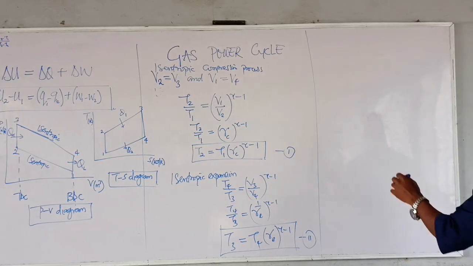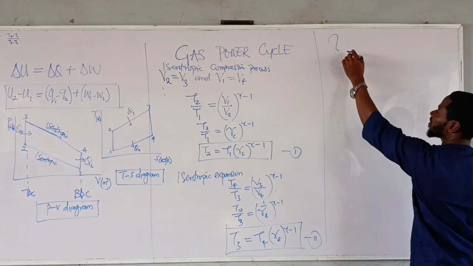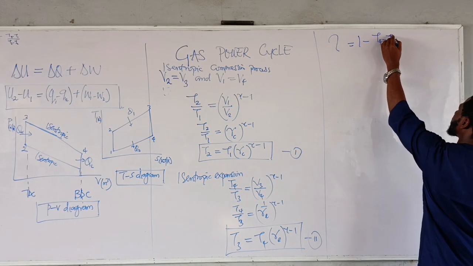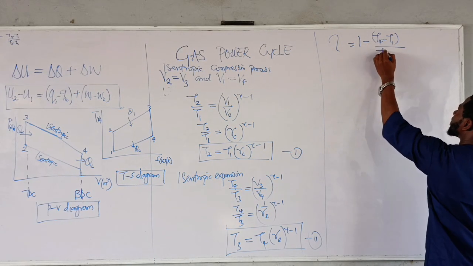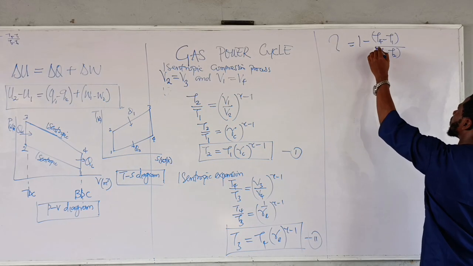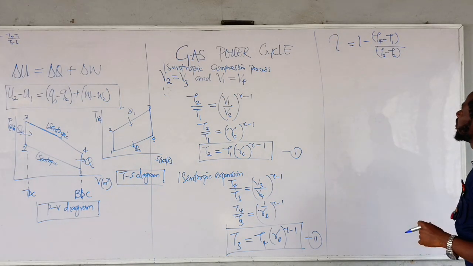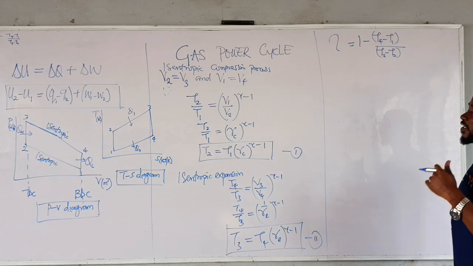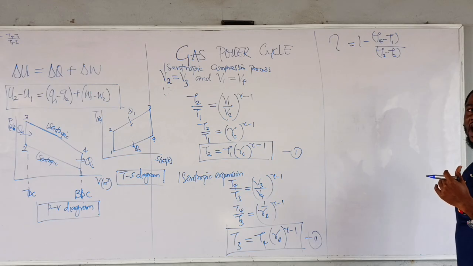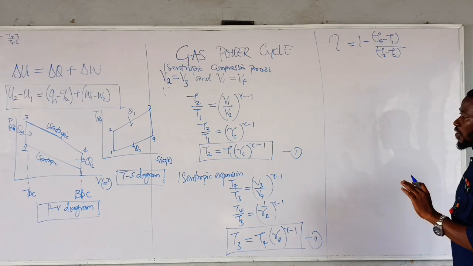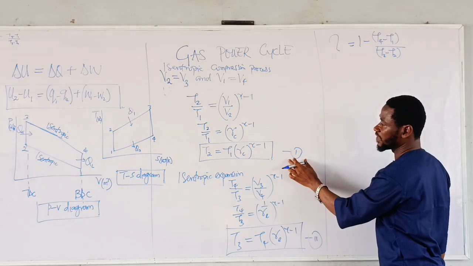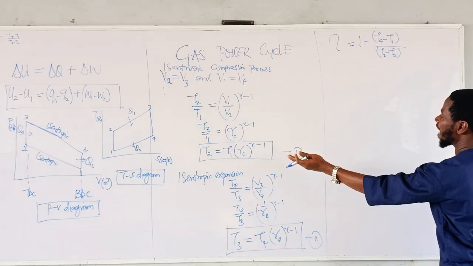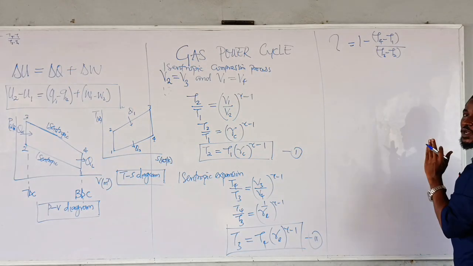Now, the cycle efficiency, which we have already calculated earlier, is 1 minus T4 minus T1 divided by T3 minus T2. What we want to do now is to make the numerator expression the same as the denominator expression. Wherever we set our eyes on T2, we represent it with T1, so that they fall in the same category.